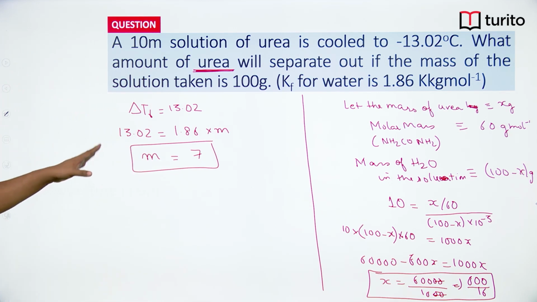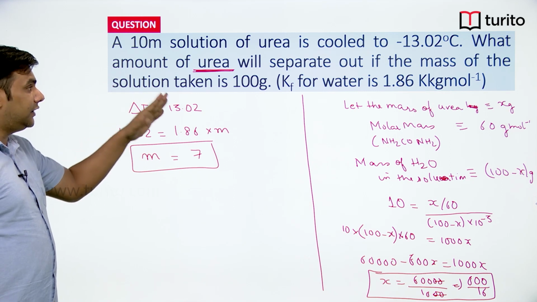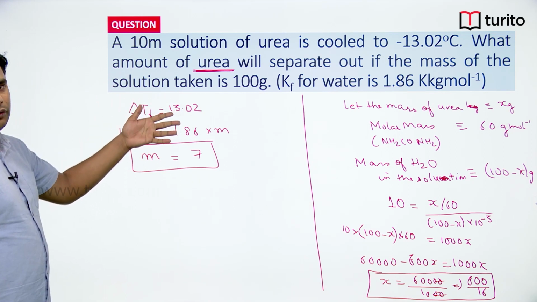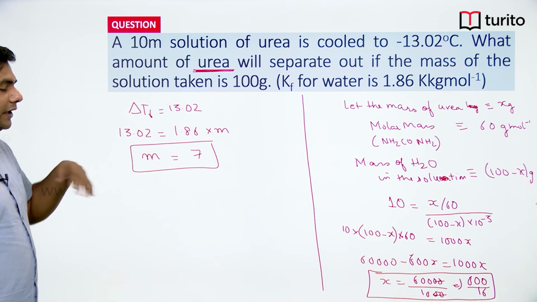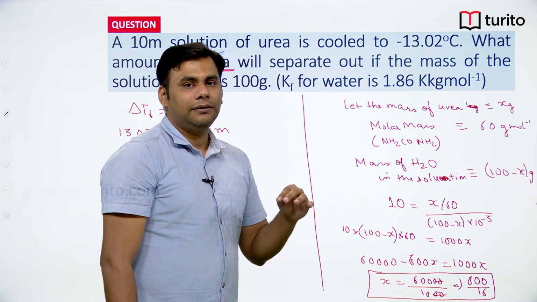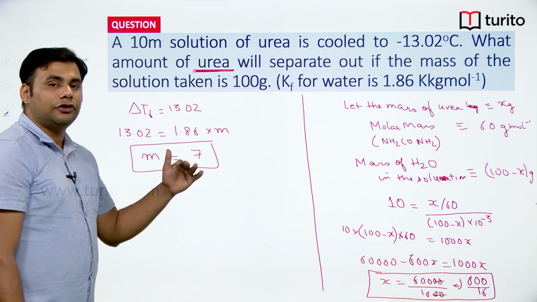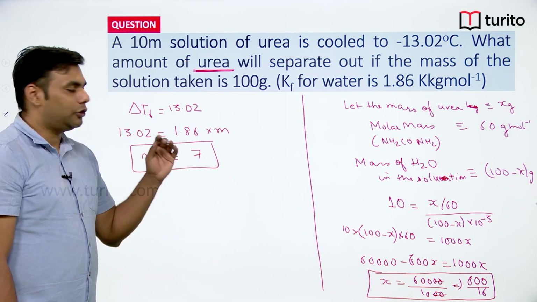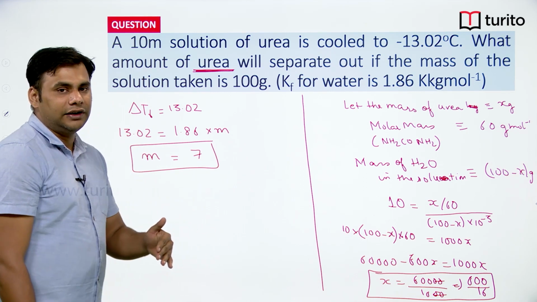So the solution which was initially 10 molal, when we freeze the solution to minus 13.02 degrees Celsius, the molality became 7. So the molality is decreasing. Now the molality can decrease when the mass of solute is decreasing, because molality is number of moles of solute upon mass of solvent in kg.